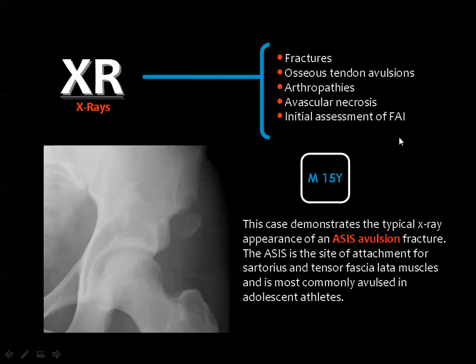For X-rays, they are helpful in the detection of fractures, also in assessment of osseous tendon avulsions, some of the arthropathies, the issue of avascular necrosis, and the assessment of femoroacetabular impingement. And this is just an example of the plain X-ray of the left hip showing avulsion of the anterior superior iliac spine.